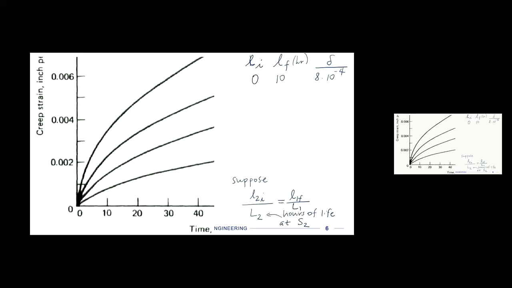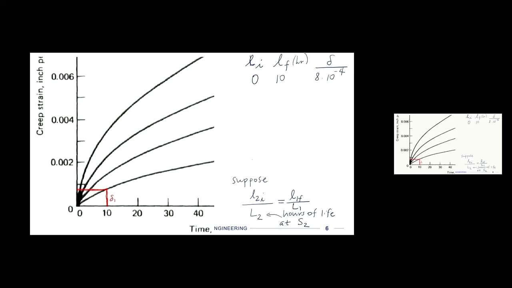So I'm going to go and draw the first box like I had before, because that goes out to 10, goes up to kind of 0.008. Okay, so that was our first box we had for the first phase, delta 1. So now we have to calculate where the second phase is going to start. So we're going to take our supposed hypothesis here, and we are going to solve for this L2I.